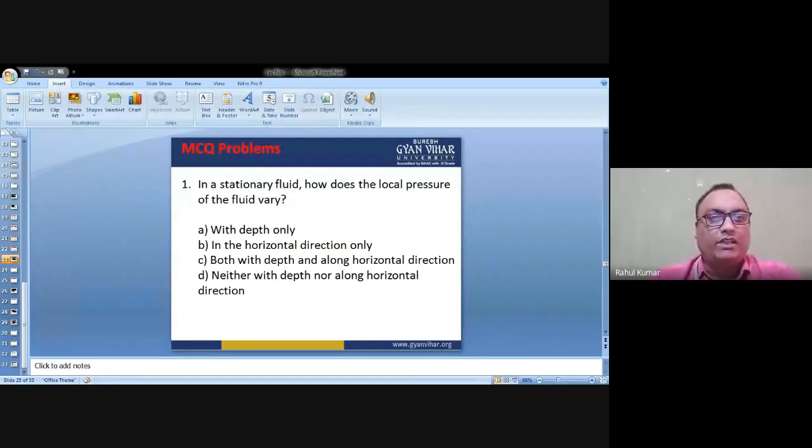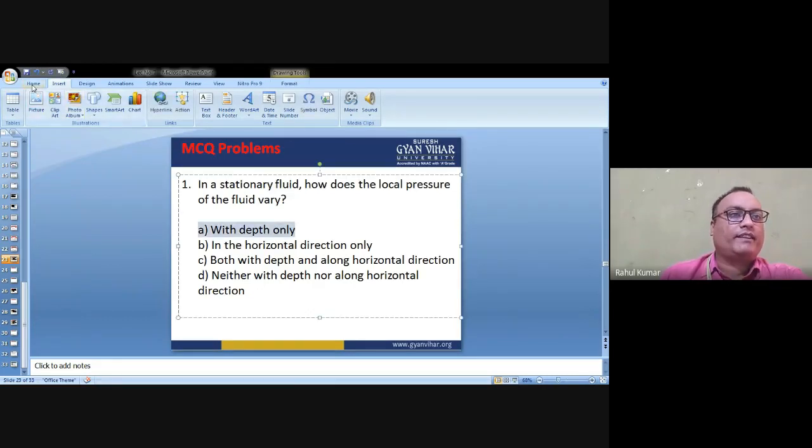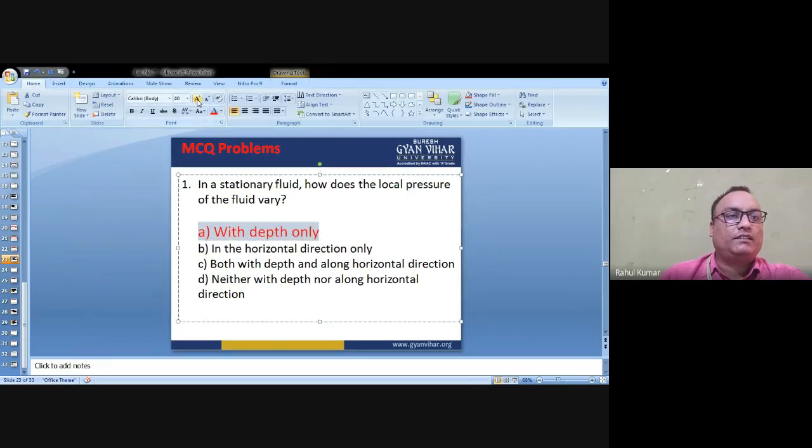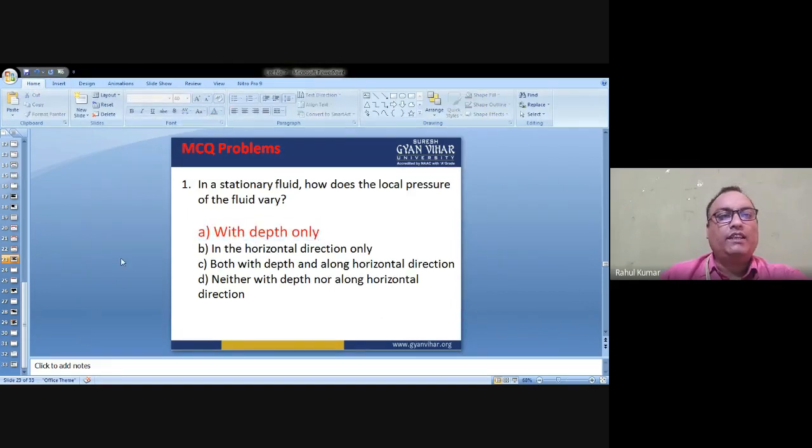A, with depth only; B, in the horizontal direction only; C, both with depth and along the horizontal direction; and D, neither with depth nor in the horizontal direction. The correct answer for this question is here. Just think about this. The correct answer is with depth only, right? A is the correct answer.